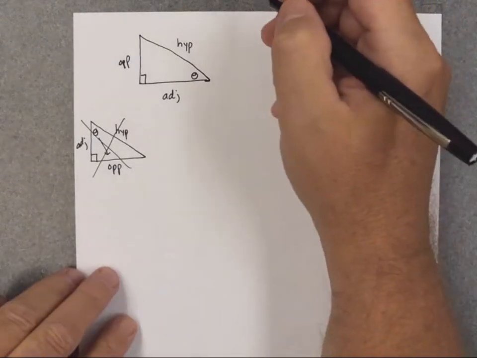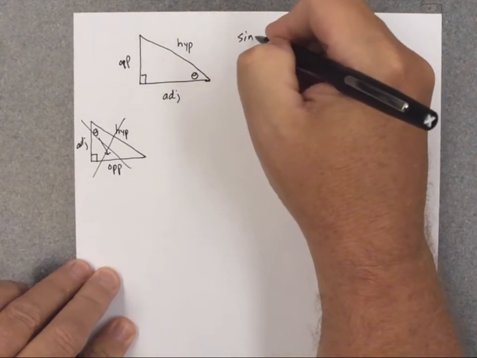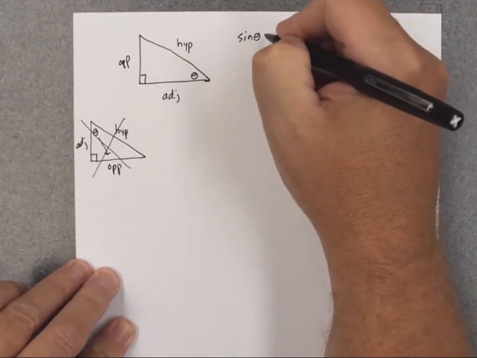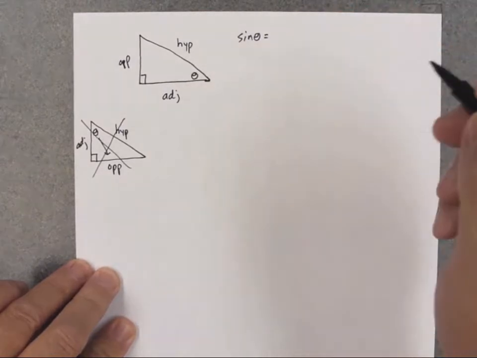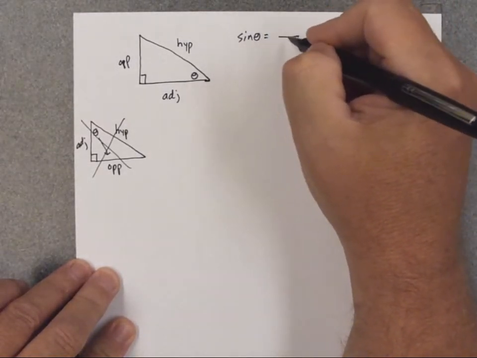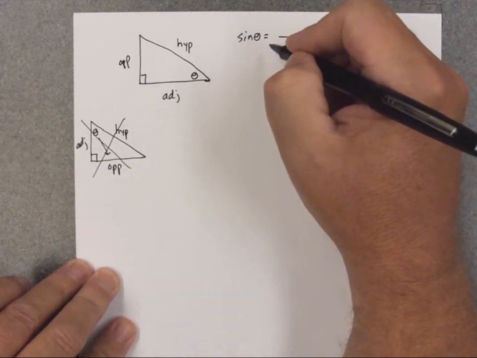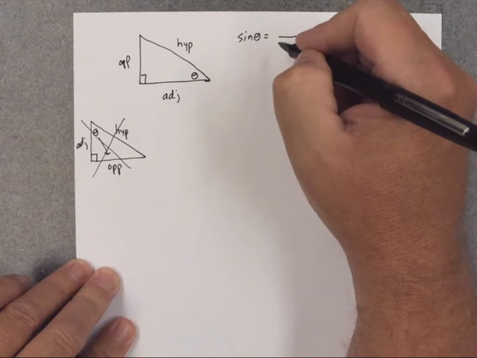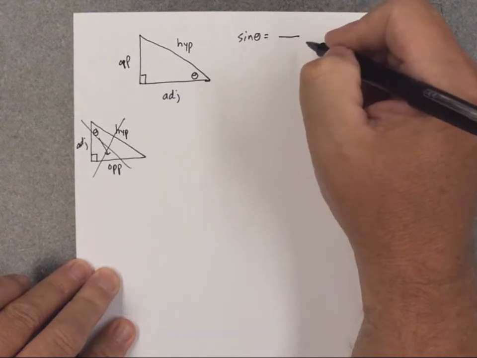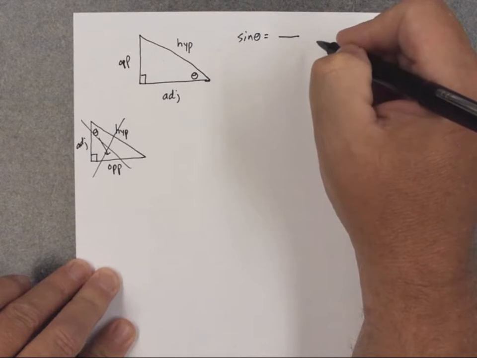And what happens is the sine of theta, it's going to be a fraction. Let me say real quick, these trig functions all end up being fractions or ratios of two sides of the triangle.